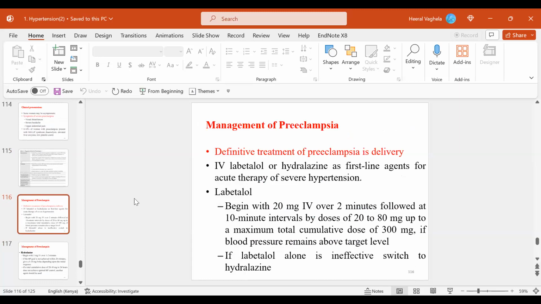Management of preeclampsia is delivery. That's the definitive treatment. If the mother has preeclampsia, delivery, but in case delivery is not possible, then IV labetalol or hydralazine are the first choice.